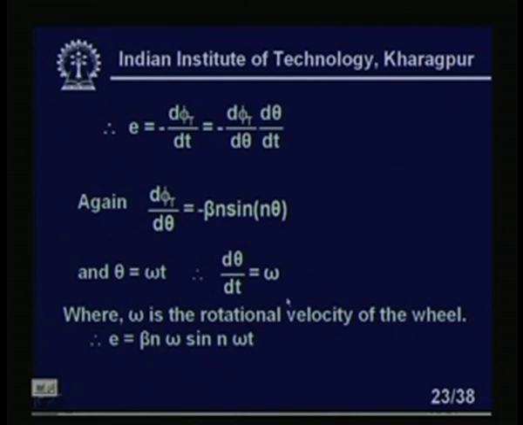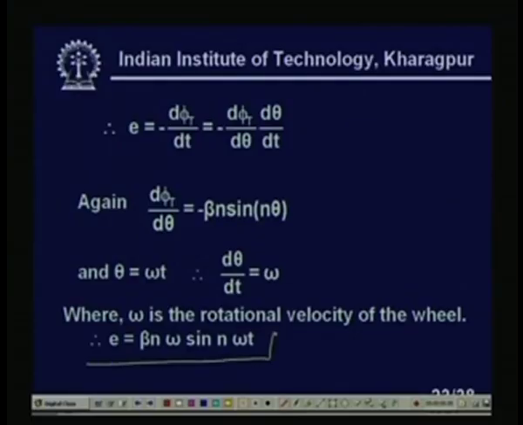What does it mean? It means that the output voltage from the variable reluctance tachogenerator is a function of the angular frequency and amplitude. It is a sinusoidal signal. If the wheel rotates at a constant velocity of circular frequency omega, then the output voltage is expressed as beta n omega.